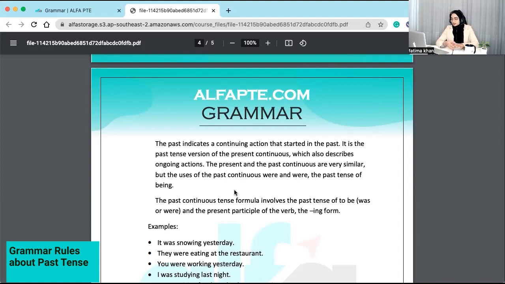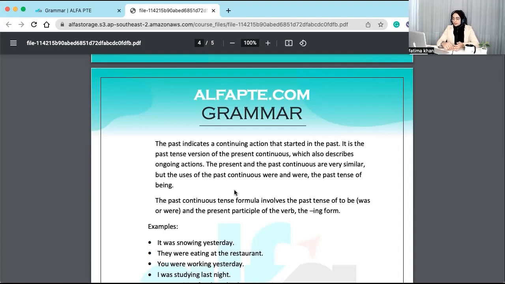Most of the time, it's used with adverbs like all the time, sometimes, this and that. And then you can use it with was or were. Like I was saying, it was snowing, he was crying, but if it's plural, then it becomes were. They were eating, and my friends were eating at the restaurant.